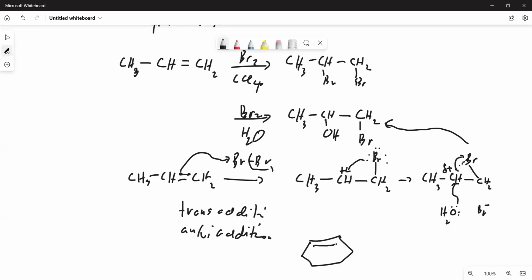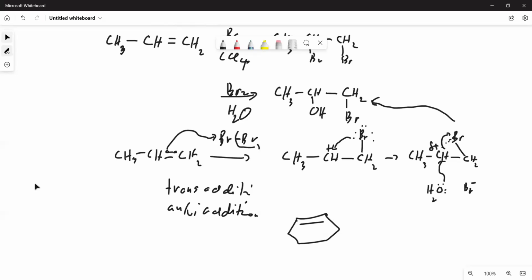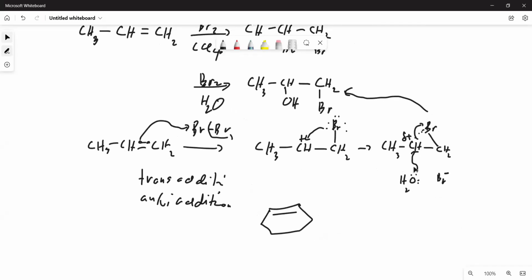Like for example, if you have cyclohexene, no problem with that product there, because although the mechanism is anti-addition, as you can see here, for water, it is attacking at the bottom rather than on top. That is what you mean by anti-addition. So if it is open, no problem, because this single bond can rotate. So there is no trans product after all.